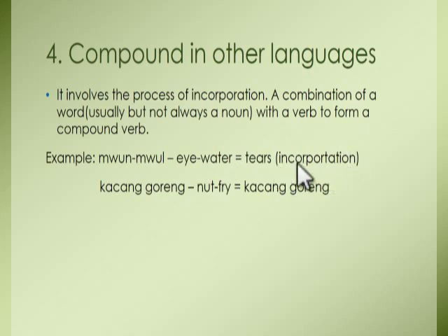This involves incorporation. What about in Bahasa Indonesia? Kacang goreng, kacang is nut and goreng is fry. The meaning is still kacang goreng, kacang yang digoreng, a kind of food. If you have other examples from other languages, you can add your own example to make your understanding better.